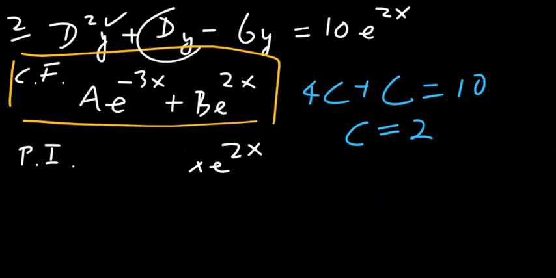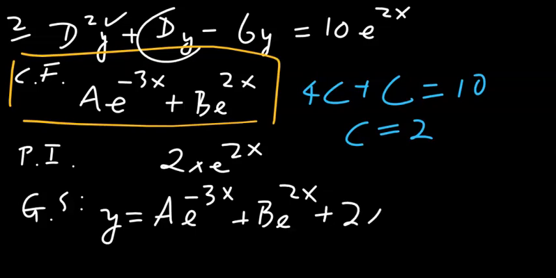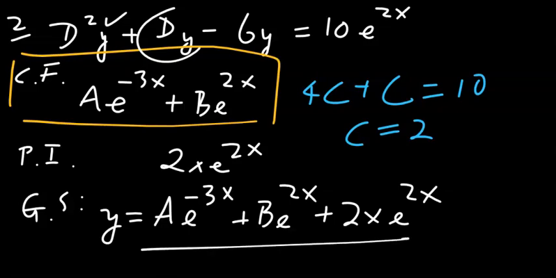So that means our particular integral is 2x e^(2x). So the general solution to the original differential equation is given by a e^(-3x) plus b e^(2x) plus the particular integral 2x e^(2x). And that solves the problem.